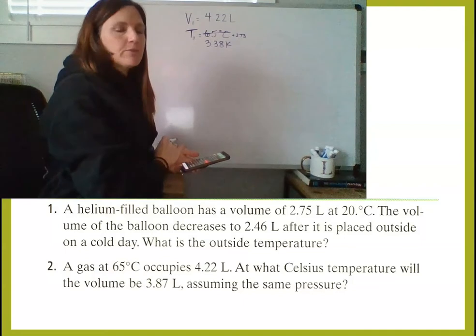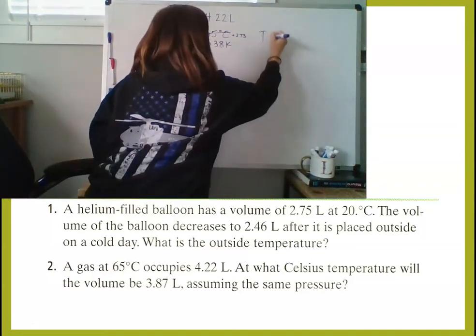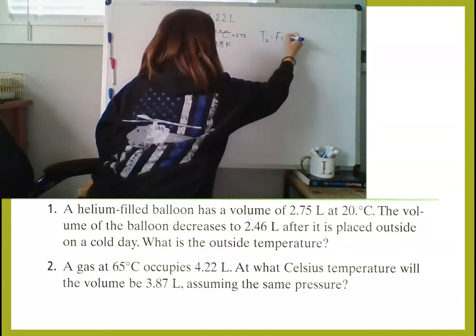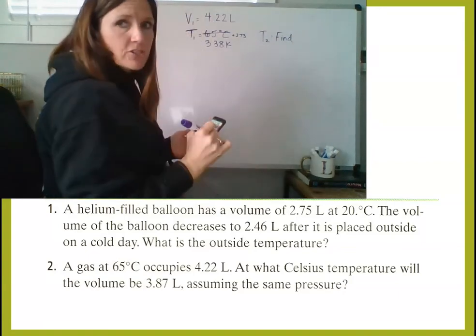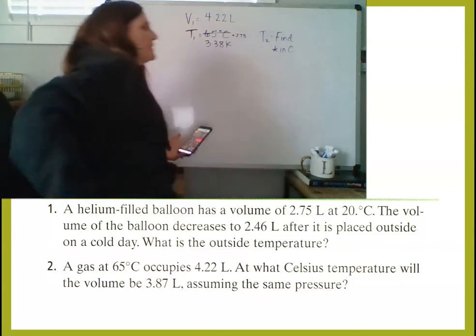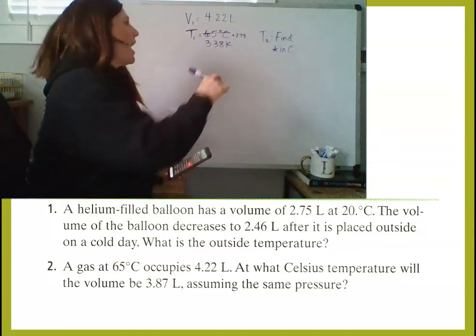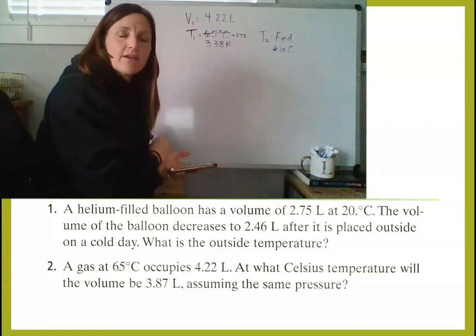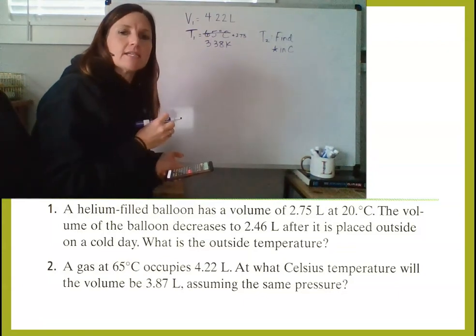What Celsius temperature? That tells me temperature 2 is what we're trying to find, but it does something very special here. It tells us it needs to be in Celsius, which means that at the end of my problem, I'm going to need to subtract my 273 to get my Celsius temperature.